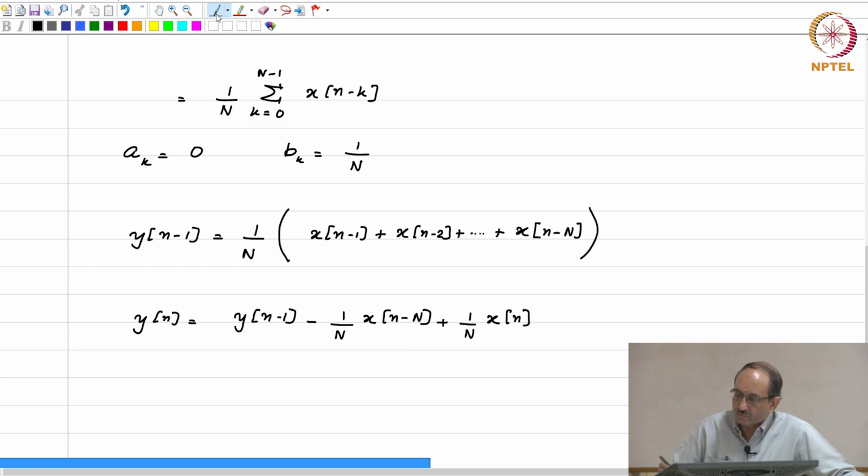Now, in this form, you see that AK is one. Remember, AKs are the coefficients of terms like y of n minus k. So, here actually I should call it A1.